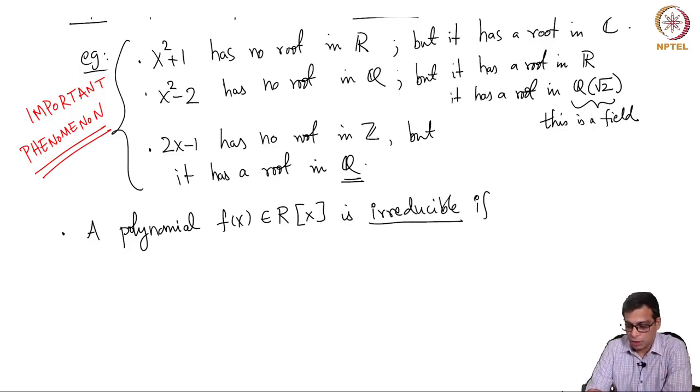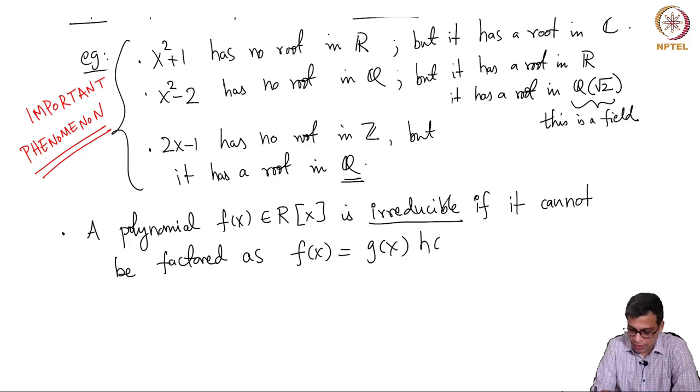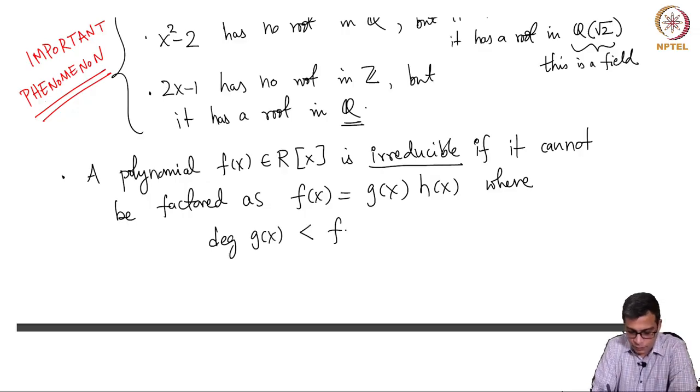A polynomial is irreducible if it cannot be factored as f(x) equals g(x) times h(x), where, I will give you the easy definition here, degree g(x) and degree h(x) are both less than the degree of f.